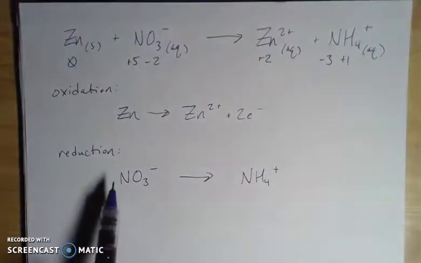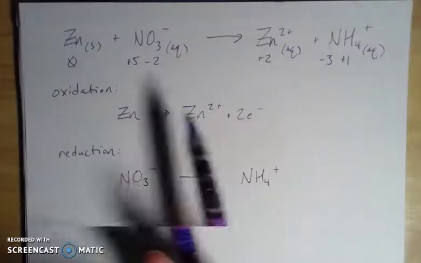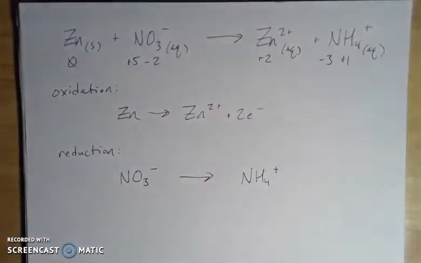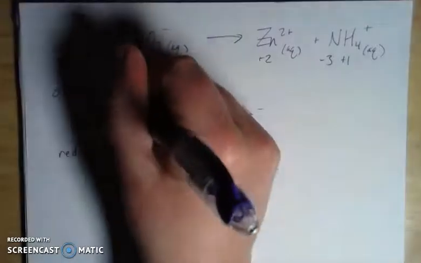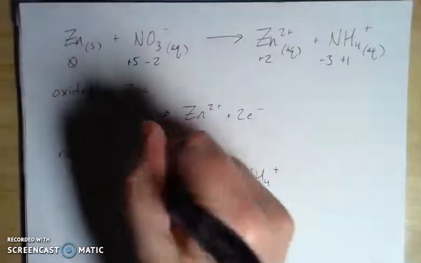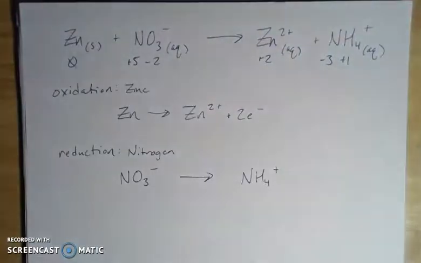My nitrogen's changing, and if you look at this, this is not a balanced chemical equation, right? It's just giving you ions in solution that are doing stuff, and you need to combine things together and balance it all out. So let's do this for our reduction. Our oxidation is our zinc. Our reduction is our nitrogen, based on those assigned oxidation numbers.